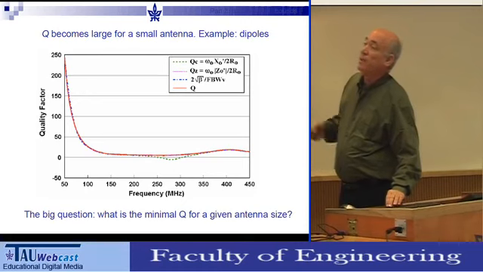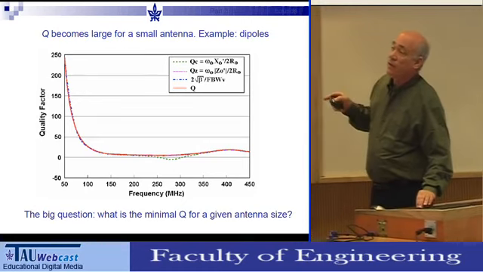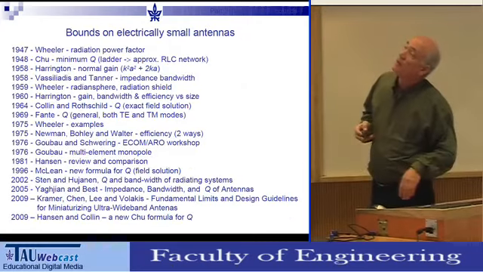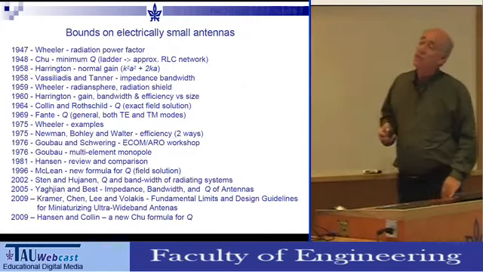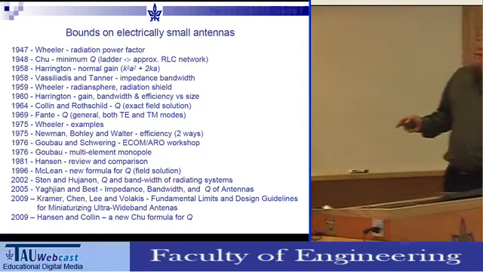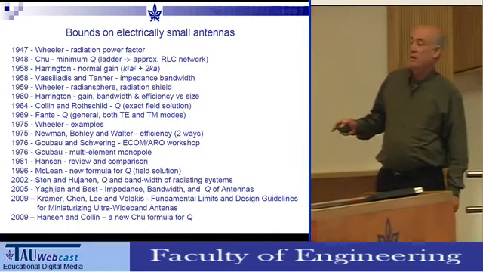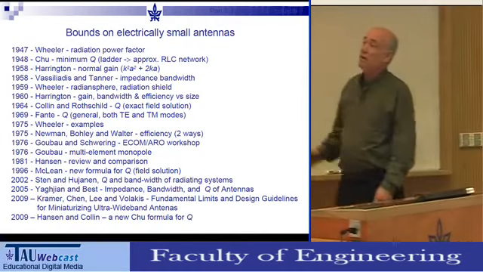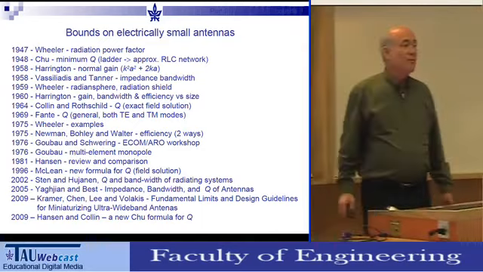Now, people are trying to reduce the Q for small antennas. How much can you reduce the Q? This was the topic of research that's been going on up until very recently. As you can see here, it started from the 40s, probably before that. This is a very tough problem.